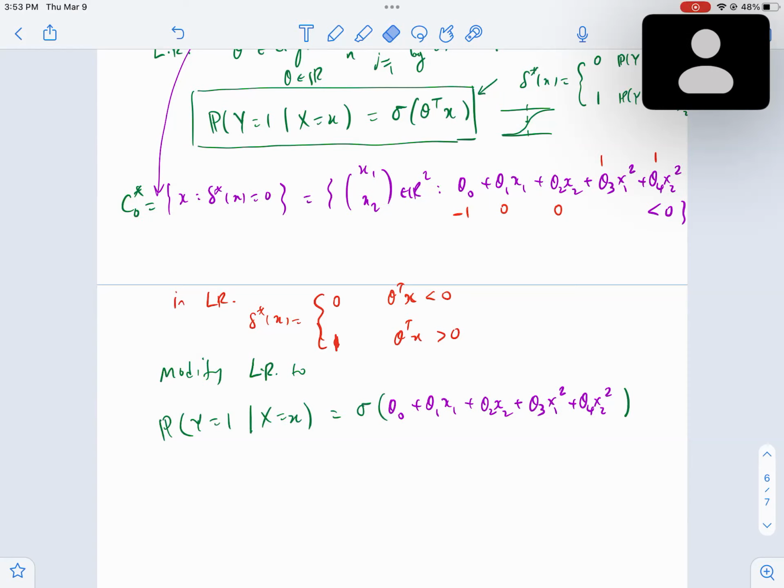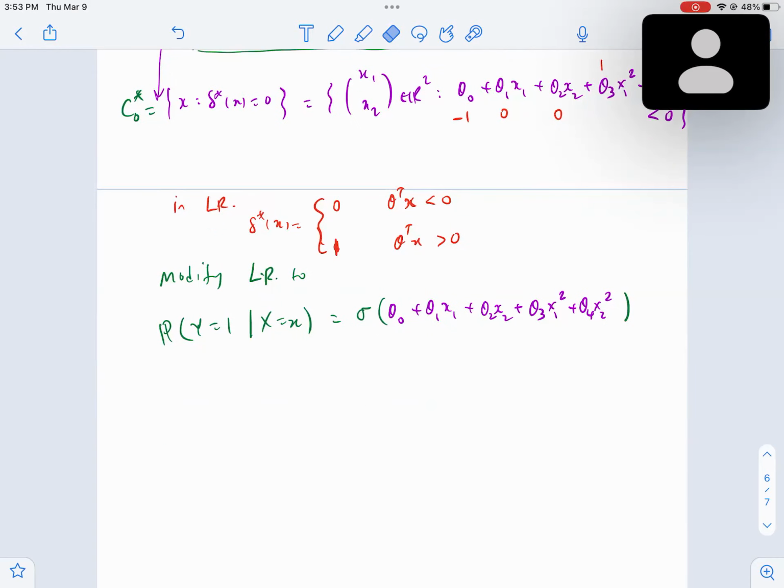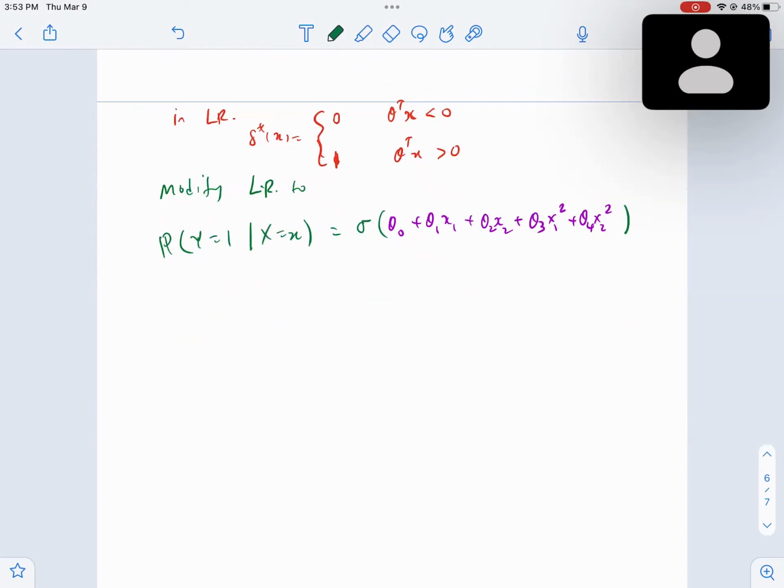This is very much like polynomial regression, just the logistic version of it. I had original features x1 and x2. I added a feature of 1 for the intercept. That was the linear model.